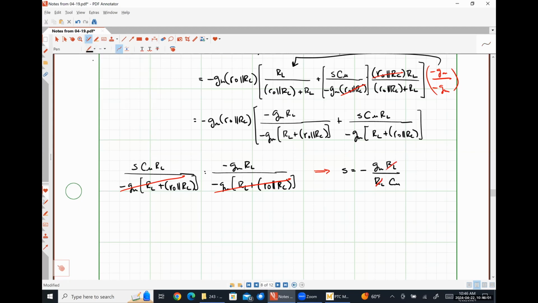And from this, our high frequency zero, we're only going to have the one, could just be GM over C mu. Yes.